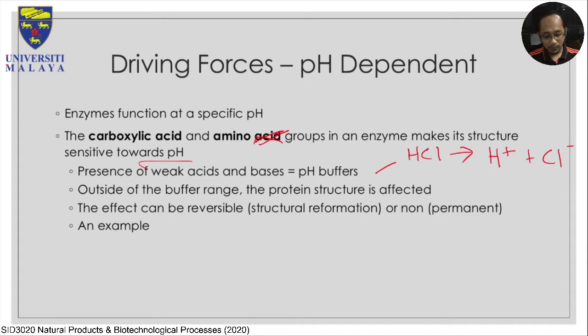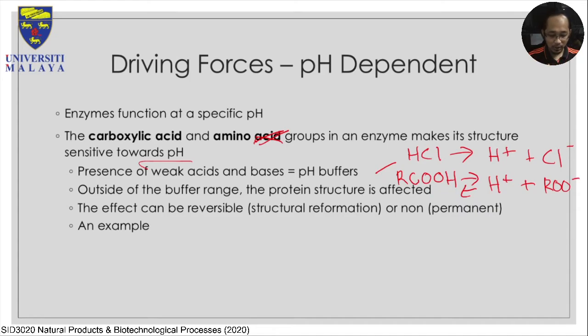But if you have a weak acid like carboxylic acid, then you can have a partial, in-equilibrium dissociation of the proton from the carboxylic acid. So this is basic chemistry.